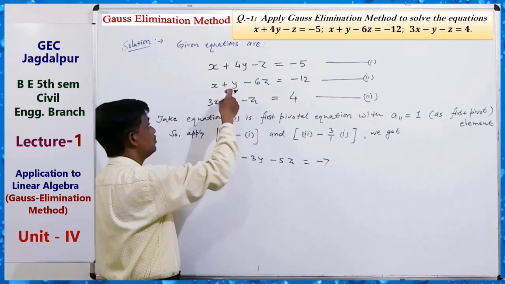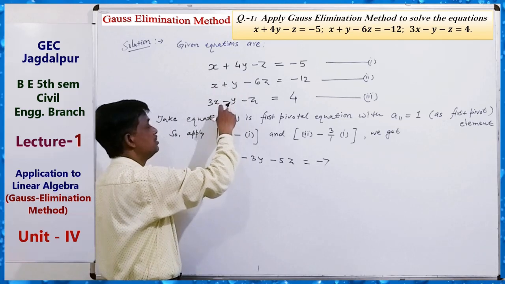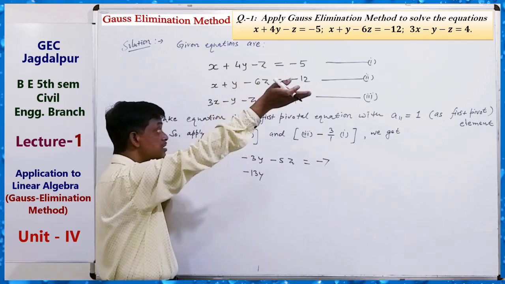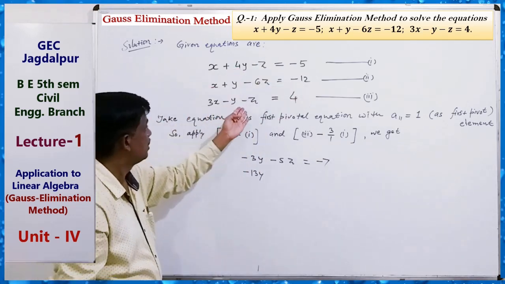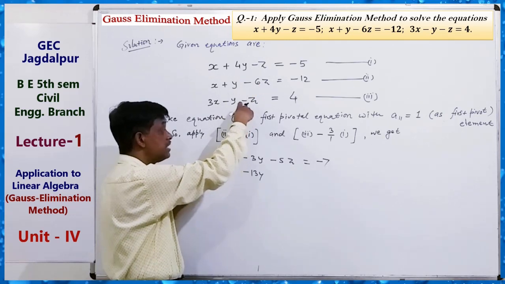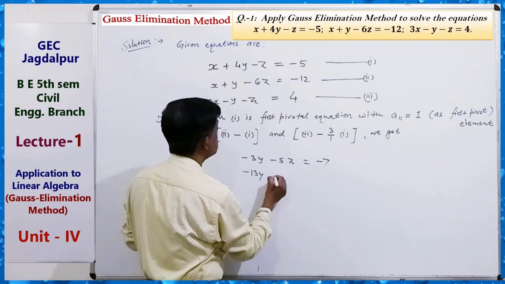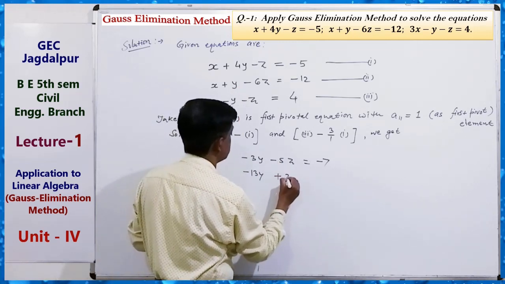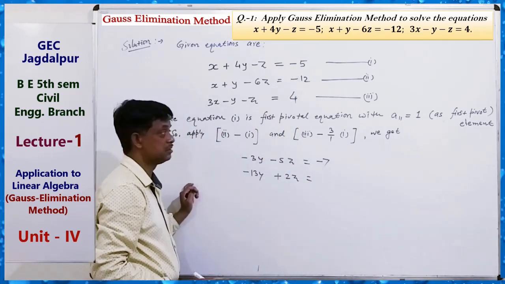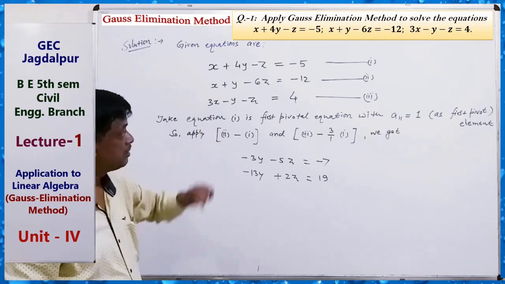And here also, after multiplying by 3, minus 13y, and minus 3z is subtracted from z, that is plus 3z minus z, means plus 2z equals 15 plus 19... Okay, subtracting.